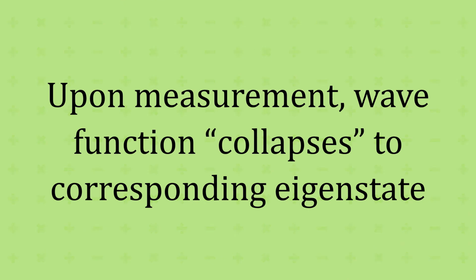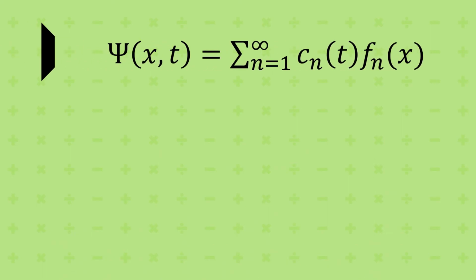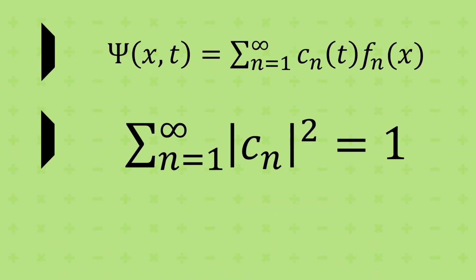If the spectrum is continuous, with real eigenvalues qz and associated Dirac orthonormalized eigenfunctions fz, the probability of getting a measurement in the range dz is this expression here, where cz is equal to the inner product of fz with psi. Upon measurement, the wave function collapses to the corresponding eigenstate.